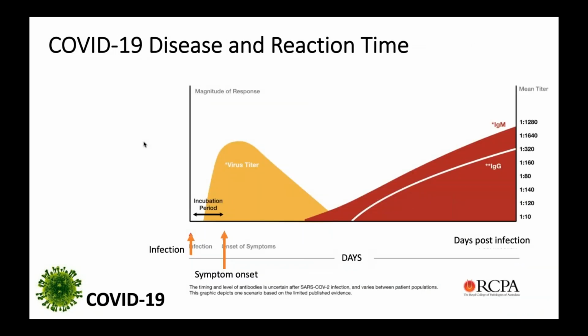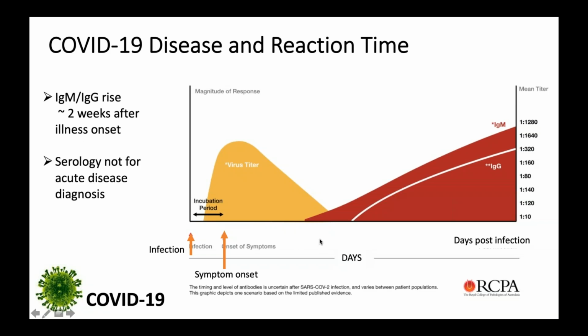And so how does the use of serology, with the understanding of where the patient is at in the course of illness, how should we apply that? And so serology usually rises about 2 weeks after illness onset, as depicted by this graph here. It is not a tool for acute disease diagnosis.